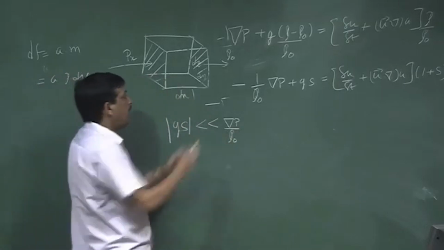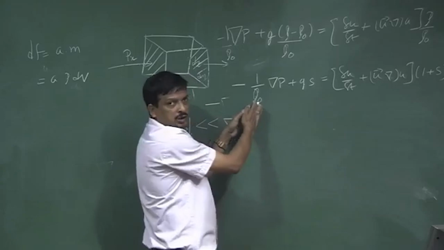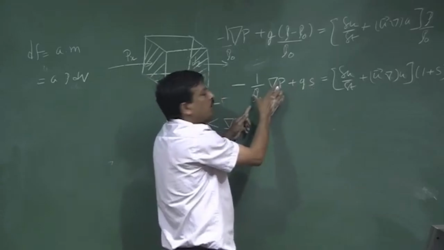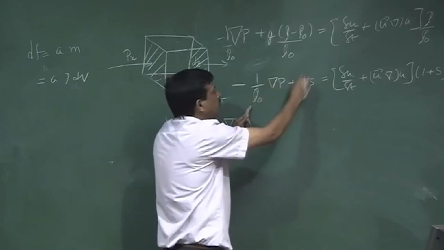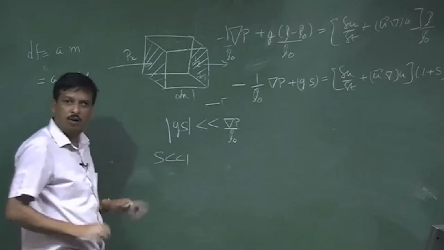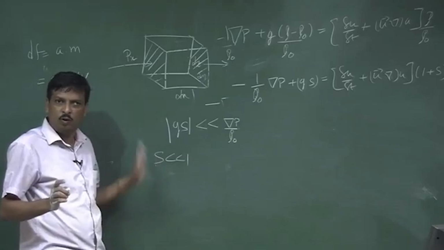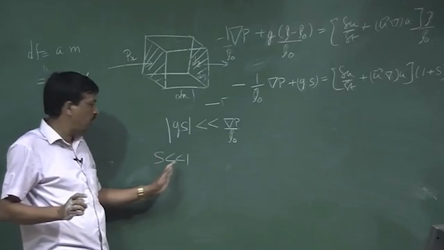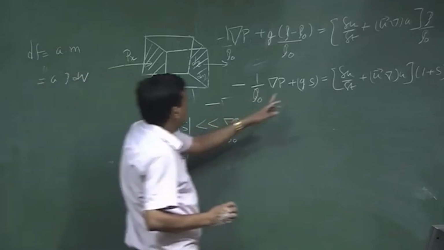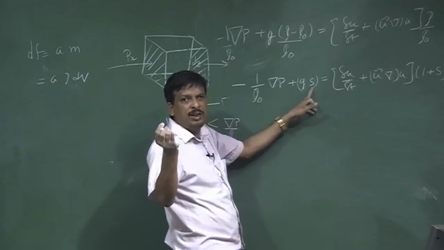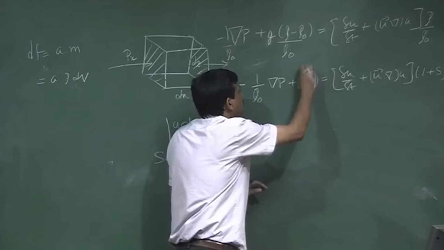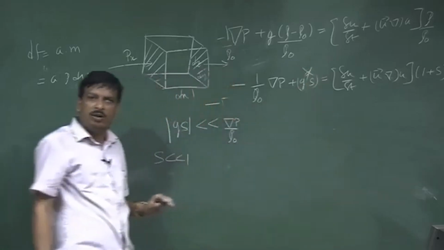That means compared to the amplitude of the term acoustic pressure by rho 0, g S is very less compared to this term. So, I can ignore g S because S is always less than 1, rho minus rho 0 divided by rho 0. So, if it is less than 1, then I can consider g into S a very weak term compared to this term. So, I can ignore this term.